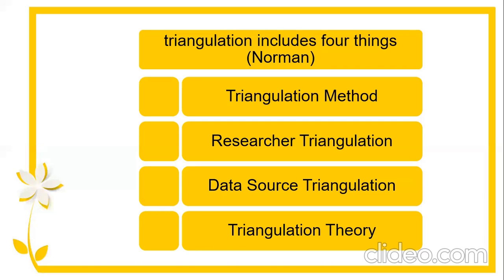And the third type here is data source triangulation. Data source triangulation is the method used to further explore the data from many sources, such as, I give an example, time, place, and also person. The researcher can use those ways at the same time, so the researcher's perspective on the data can be wider. And the last is theory triangulation.